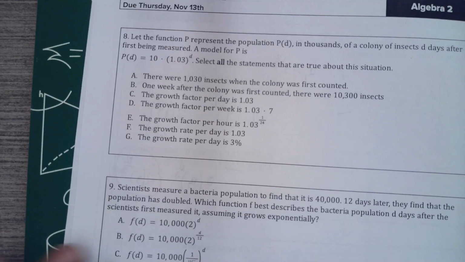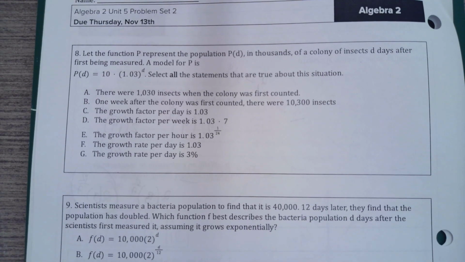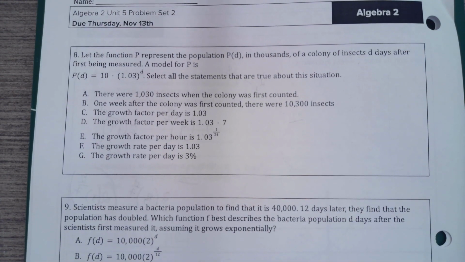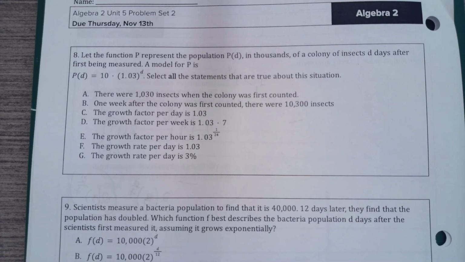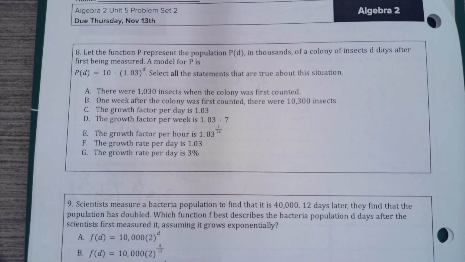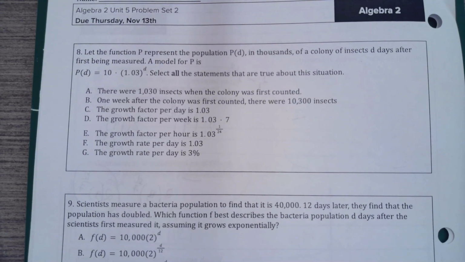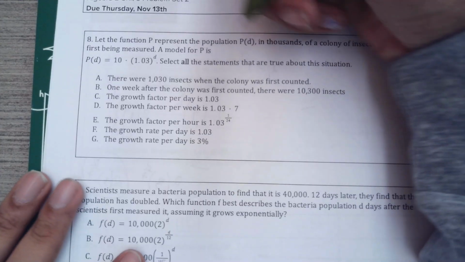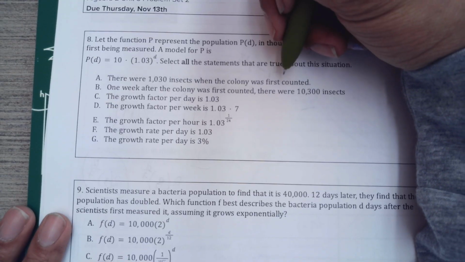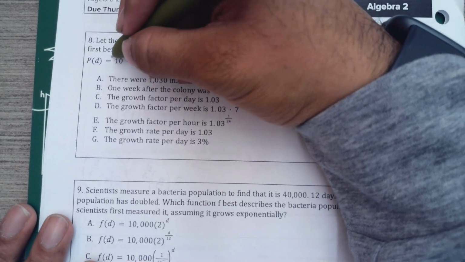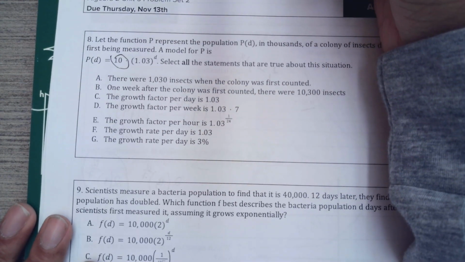Question 8. Let function P represent the population in thousands of a colony of insects D days after first being measured. So, there were 1,030 insects when the colony was first counted. That's false. Why? Then they're talking about the initial value. The initial value is whatever it is here in terms of thousands, so it should not be that.